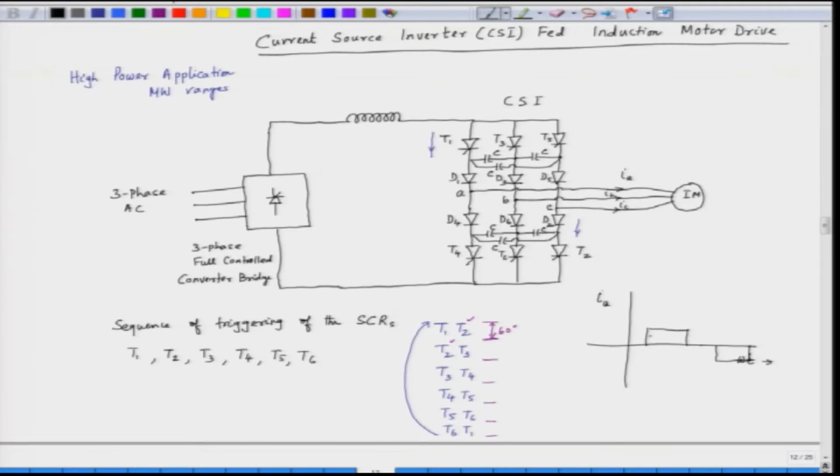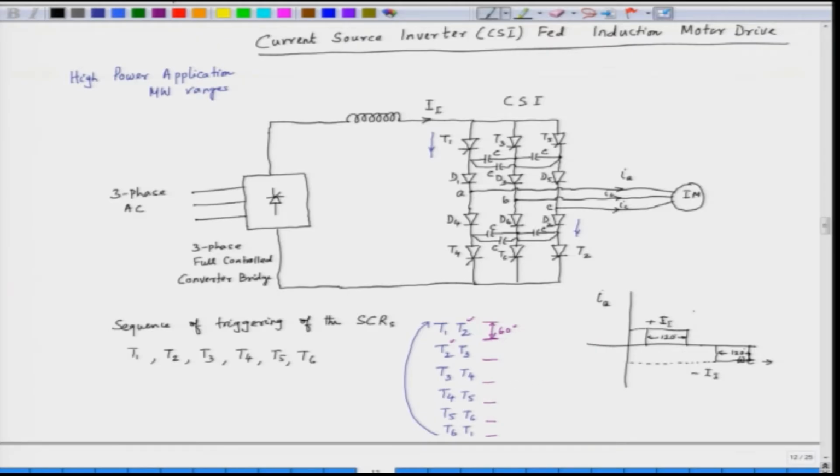This duration is 120 degrees, and this duration is also 120 degrees. The inverter input current is, let us say, II and the output is IA. So, this is plus II and the negative side is minus II.